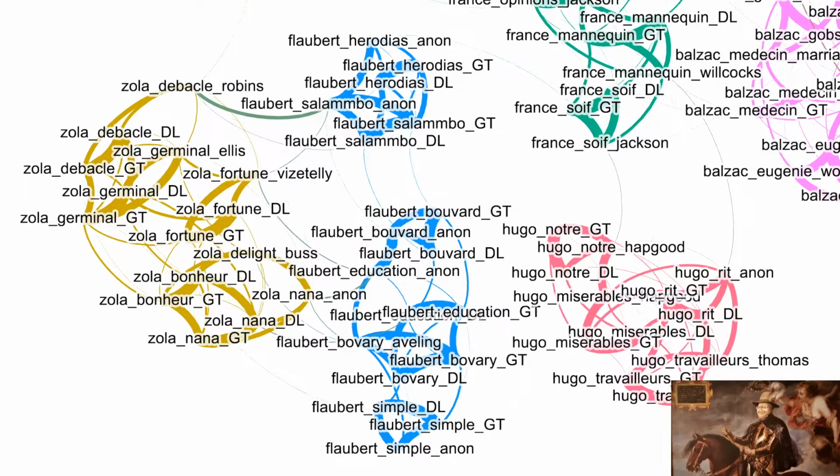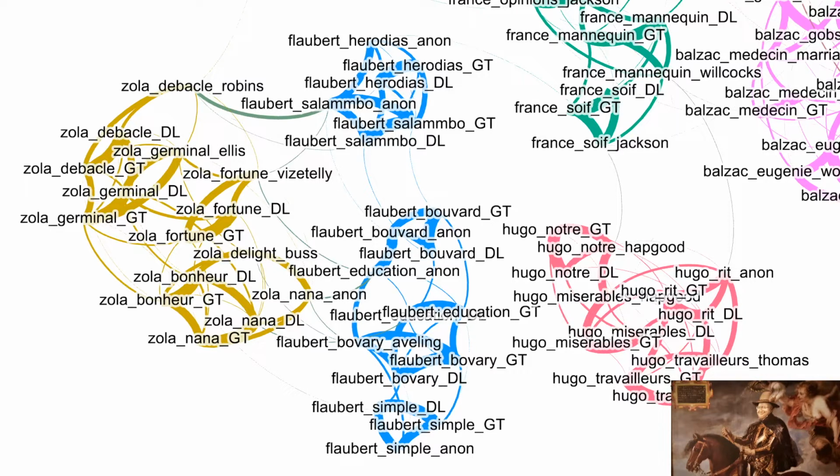Now, you will notice that the labels contain the name of the original author, like Flaubert, a part at least of the title, like Herodias, and the name of the translator, in this case an anonymous translator, or GT stands for Google Translate, and DL stands for DeepL.